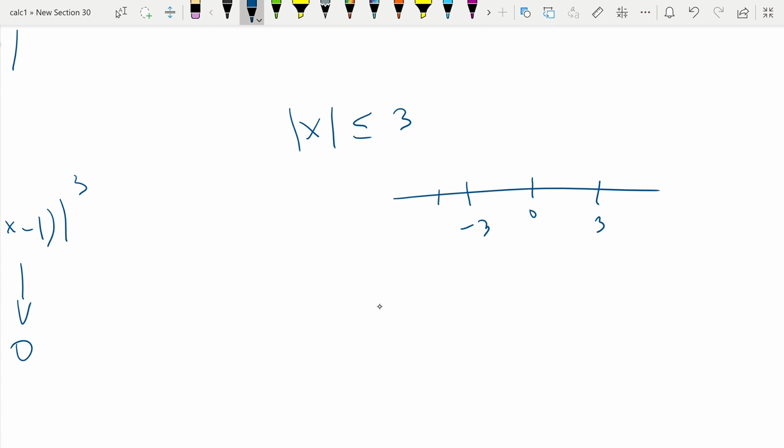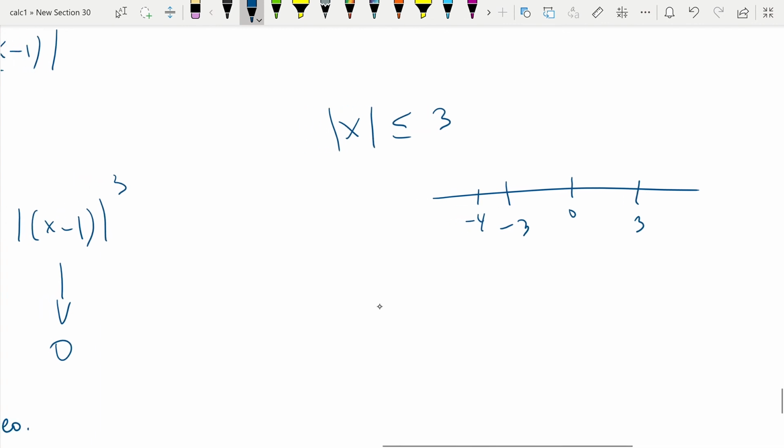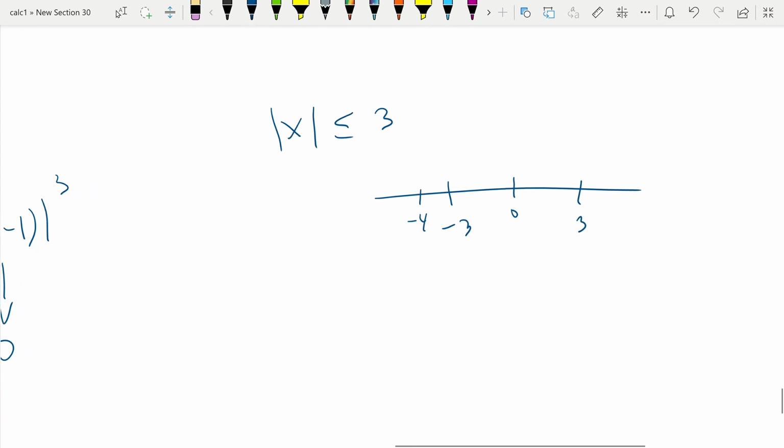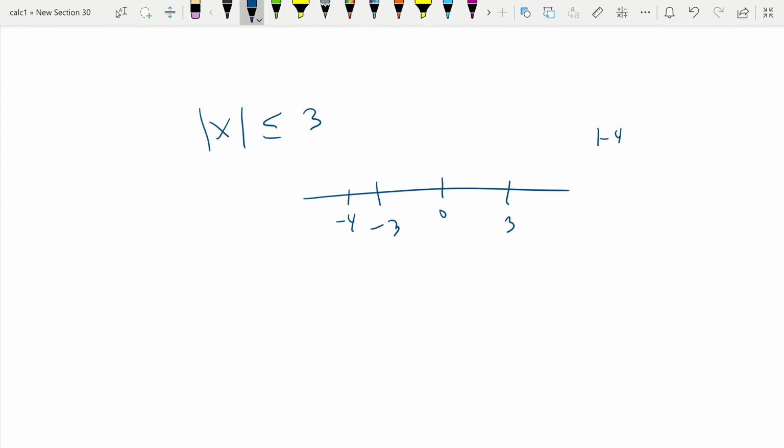If it were, say, minus 4, then the absolute value of minus 4 would be equal to 4, which is greater than 3. So the possible values of x must be between minus 3 and 3. Everything else will have an absolute value greater than 3.